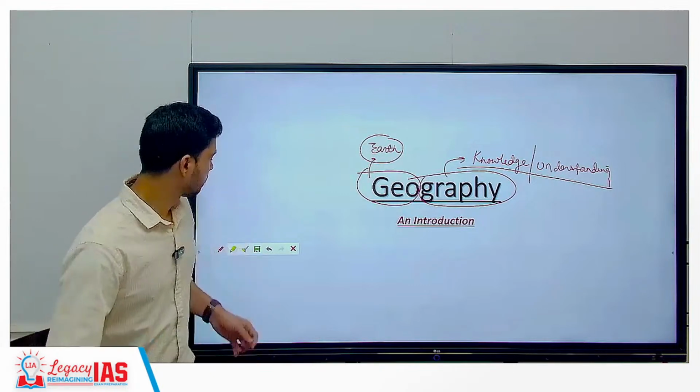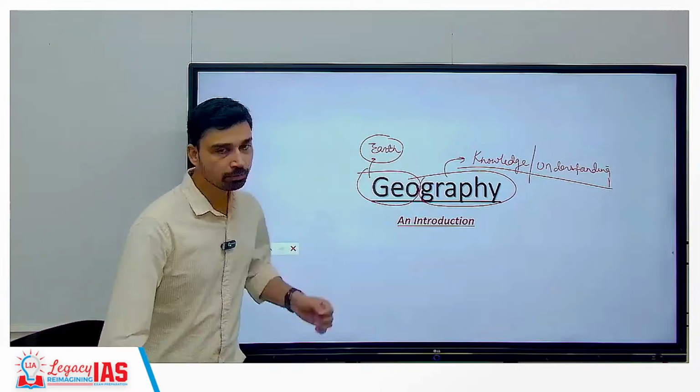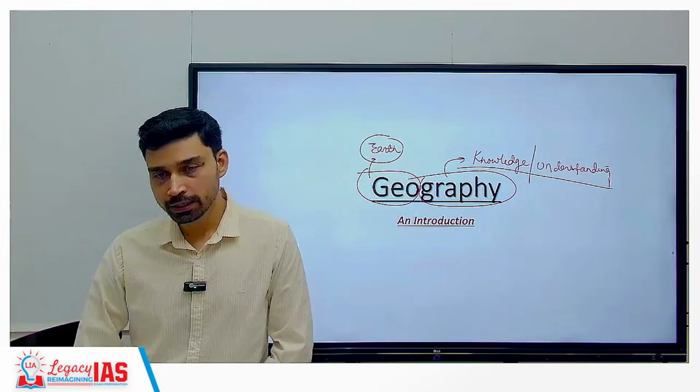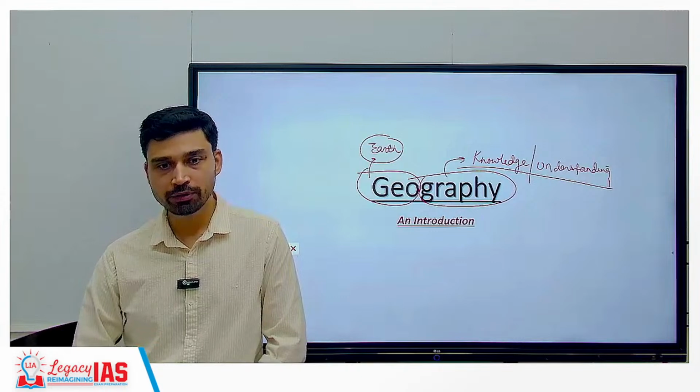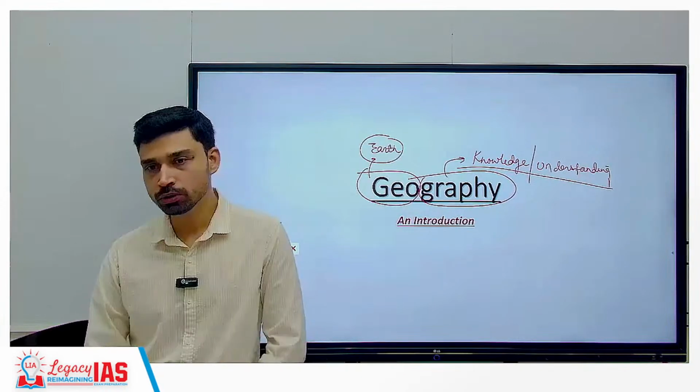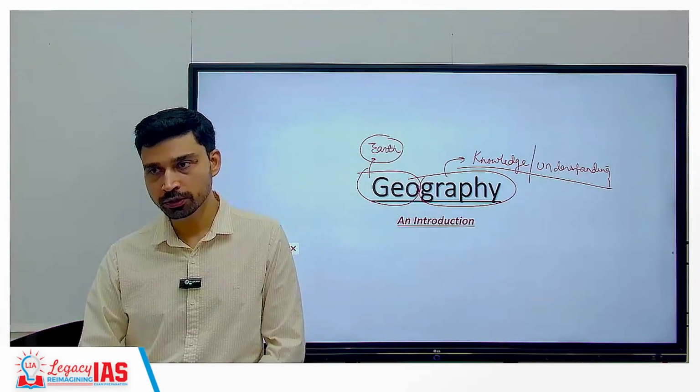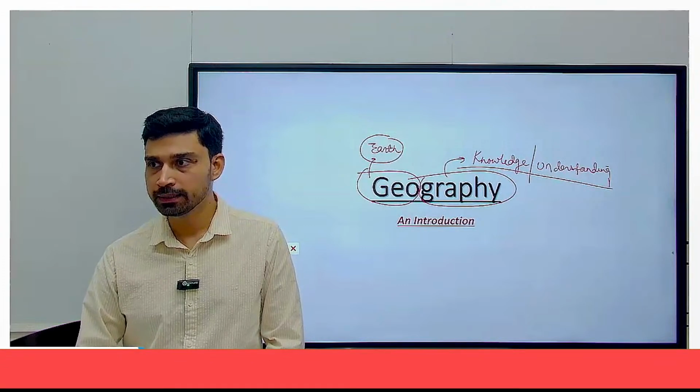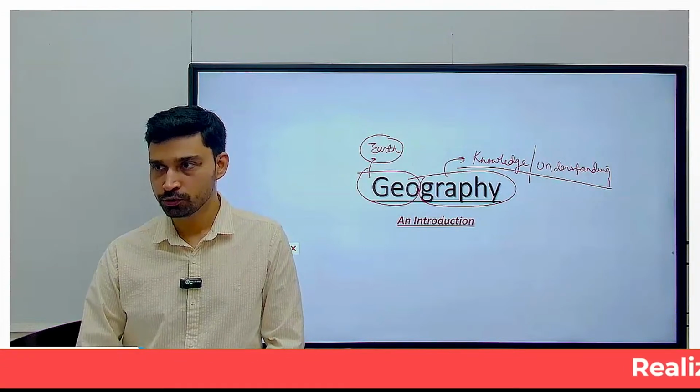Now, geography has developed as a discipline somewhere in the later stages. Okay, initially you have to study about the universe, cosmology was there, or astronomy was there. Then gradually focus shifted to the geography.